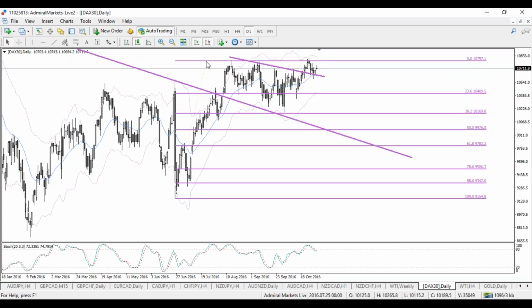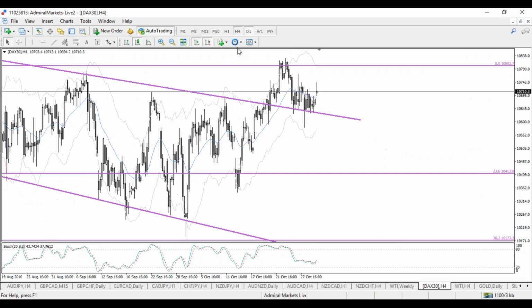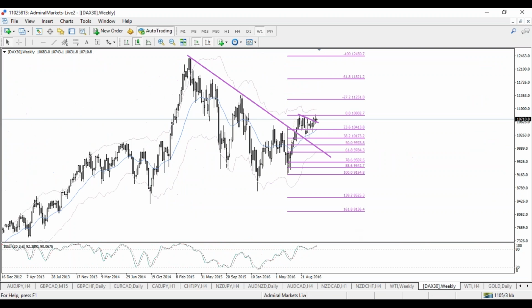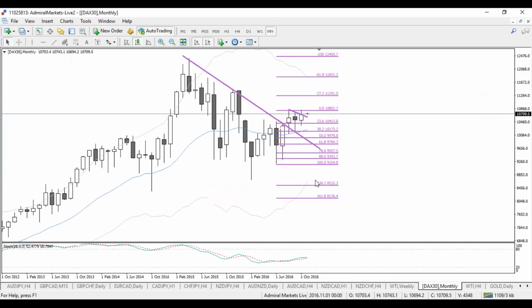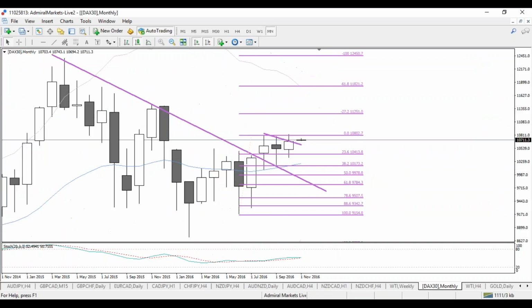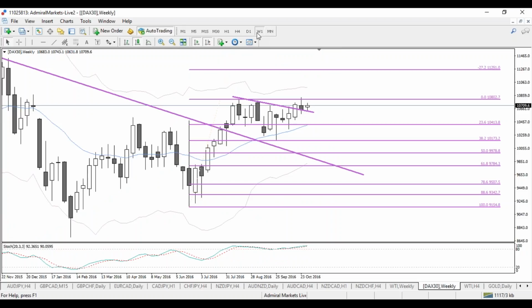It's always more interesting where there could be both patterns in play. Let's take a look at the weekly chart here. We got a couple of monthly candles now above it.